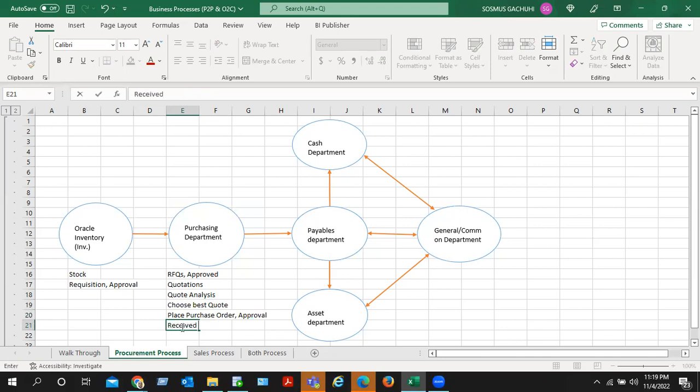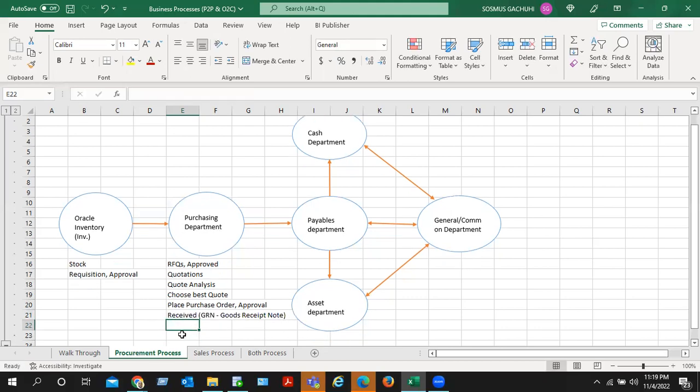Once the goods have been received, we usually produce a document called GRN. GRN stands for goods receipt note. This is a document saying that we have received the goods in our organization from a certain supplier. If goods are in bad condition, we might do a purchase return.